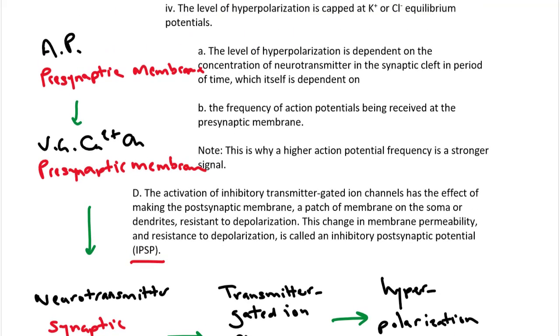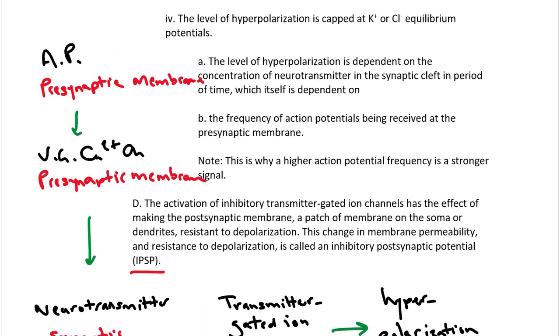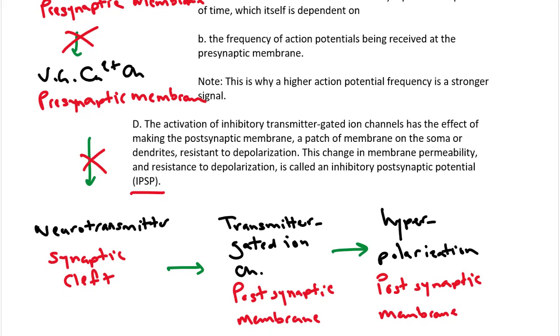Now, if the action potential stops coming in to the presynaptic membrane, this will stop, voltage-gated calcium channels cannot open, and neurotransmitter won't be released into the synaptic cleft, transmitter-gated ion channels will not open, and you will not get hyperpolarization of that membrane, that patch of membrane.